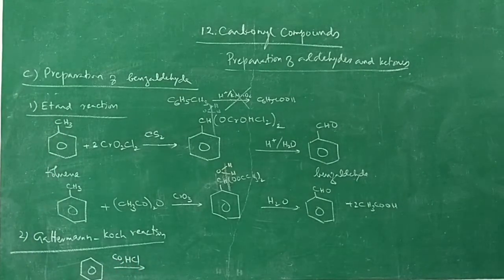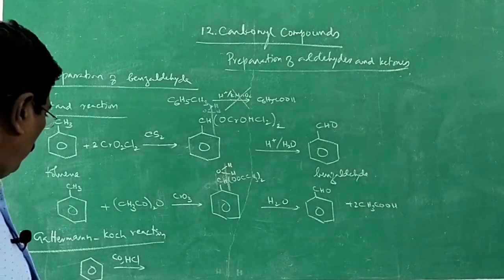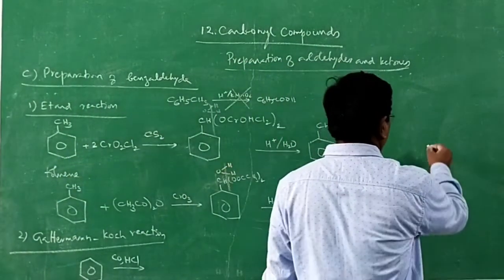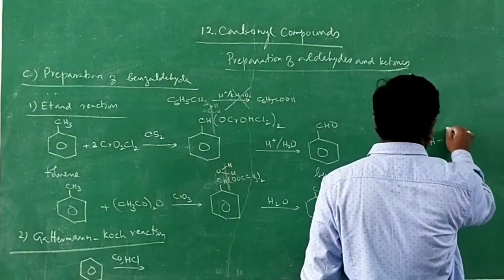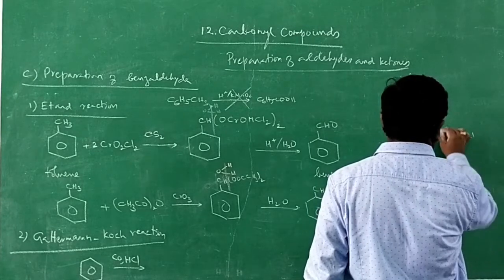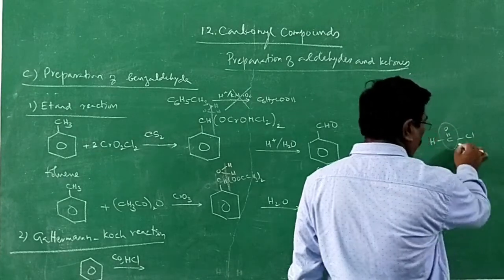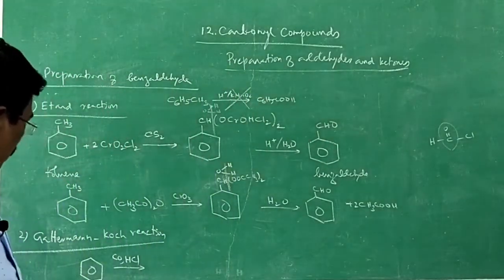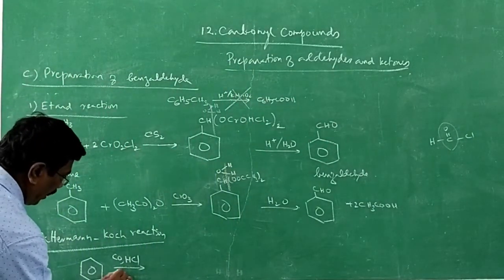When I talk about carbon monoxide and HCl, you should know it just looks like formyl chloride, HC double bond O Cl. Carbon monoxide and HCl combination results in the formation of formyl chloride in the presence of aluminum chloride.